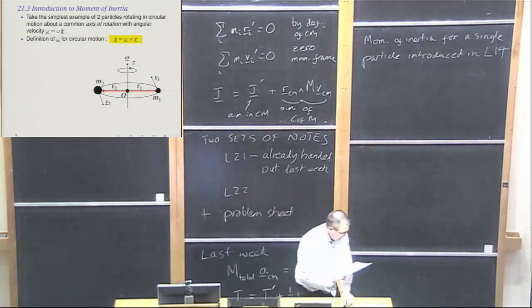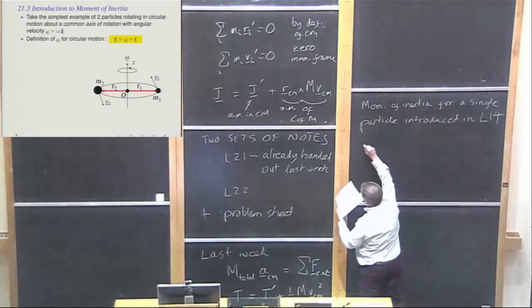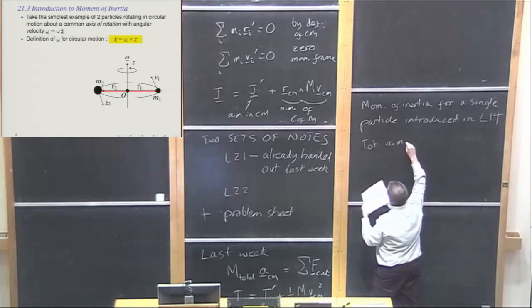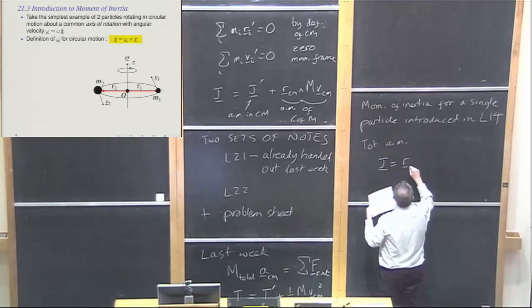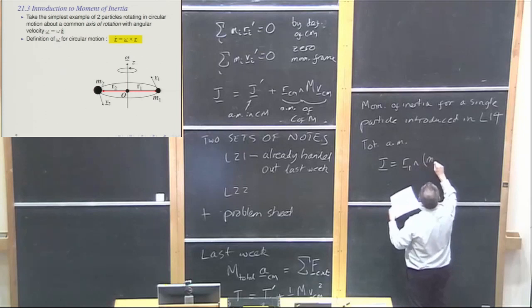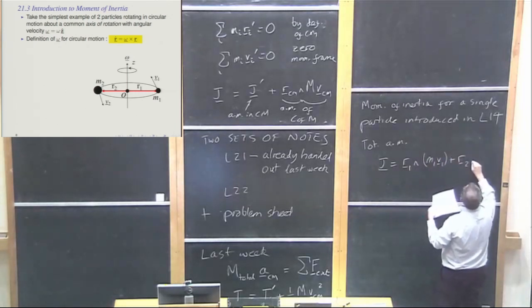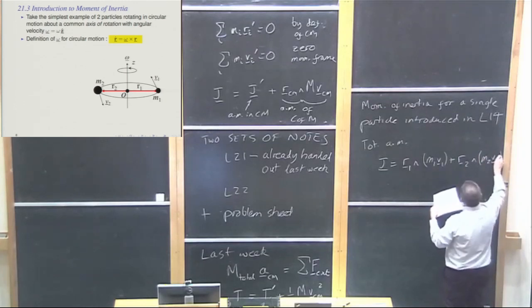Okay, so the total angular momentum will just be R1 cross P1, which is M1 V1, plus R2 cross P2, which is M2 V2.